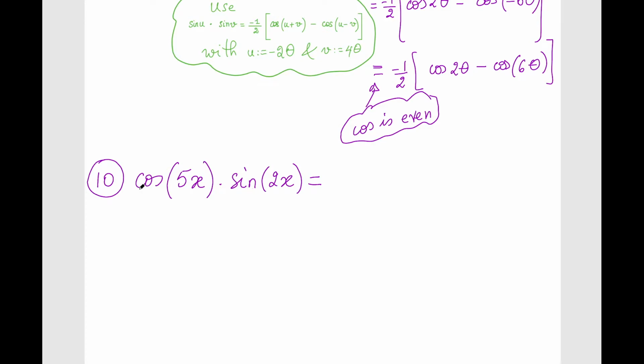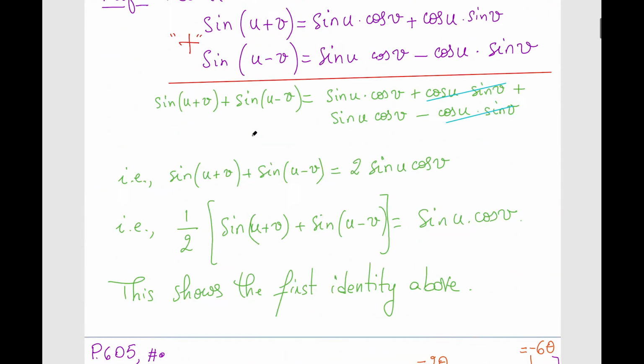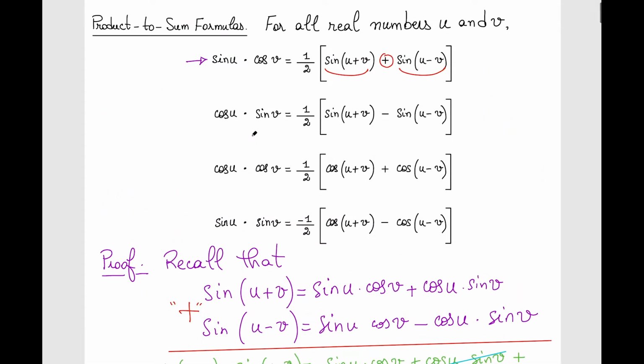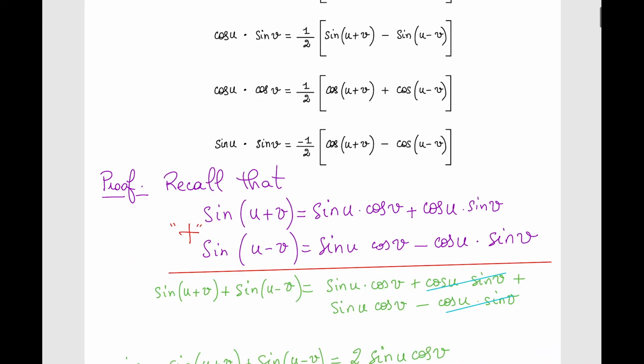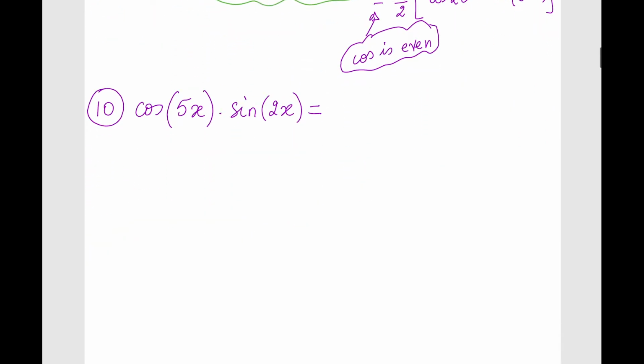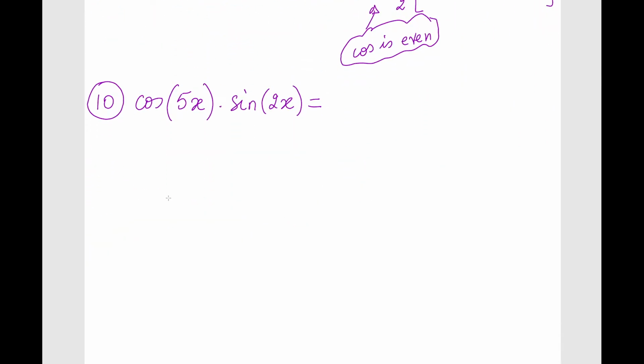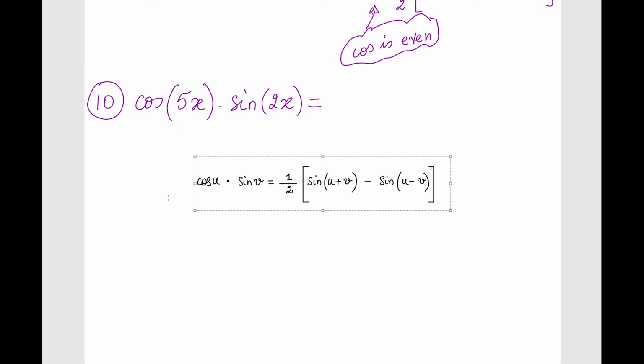So this is a product between cosine acting on an angle, times sine that's acting on some other angle. So cosine times sine. Let's see which formula handles this. It looks like the second one. Okay. So let's use that here.